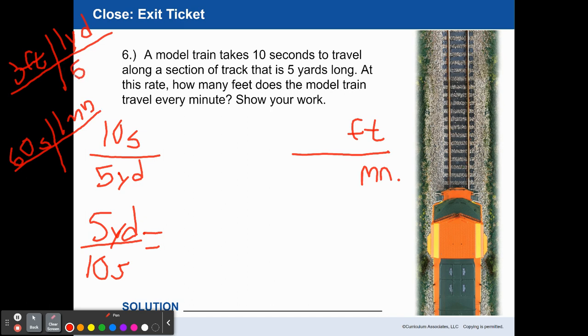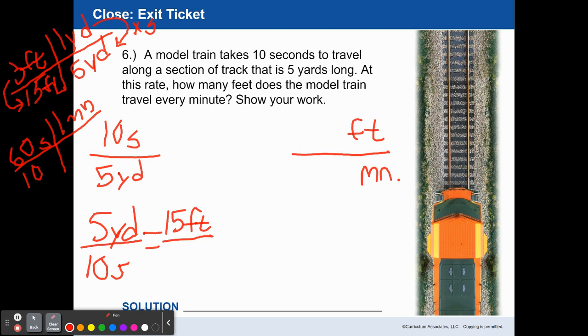Got 5 yards, so times 3 gives 15 feet. Same thing with our seconds.